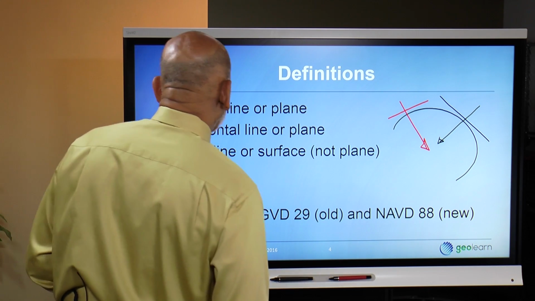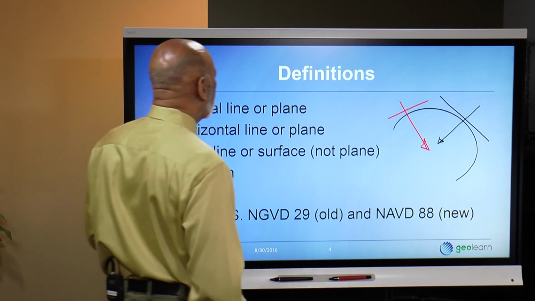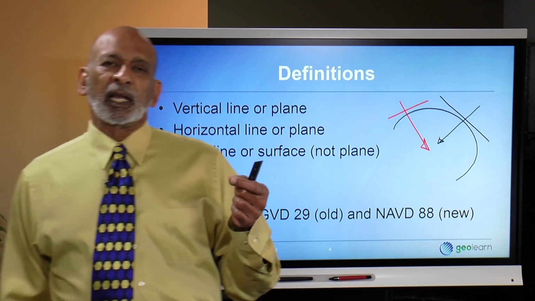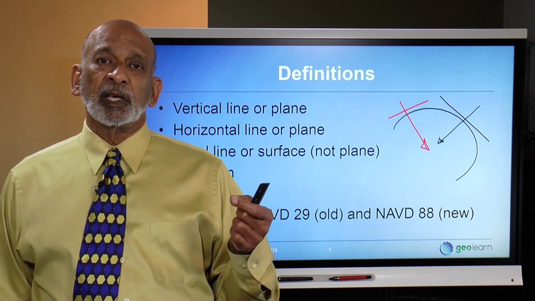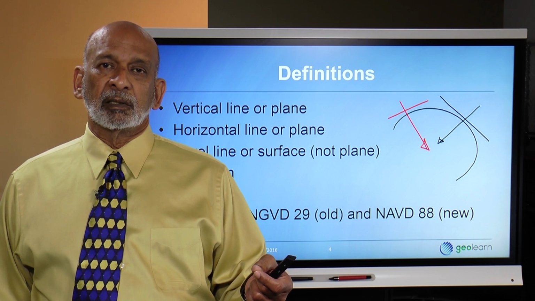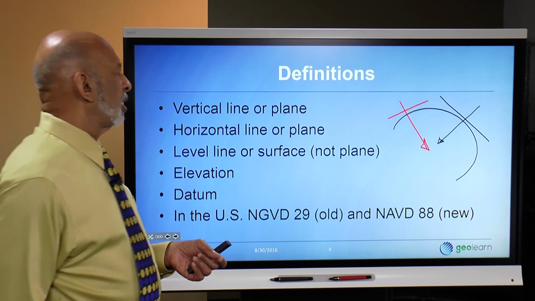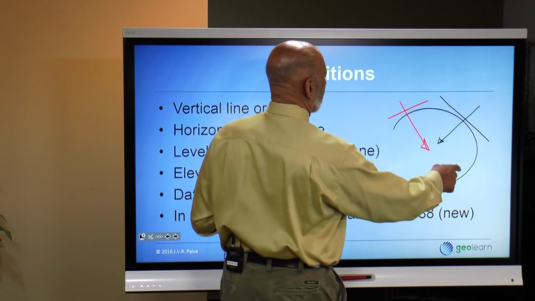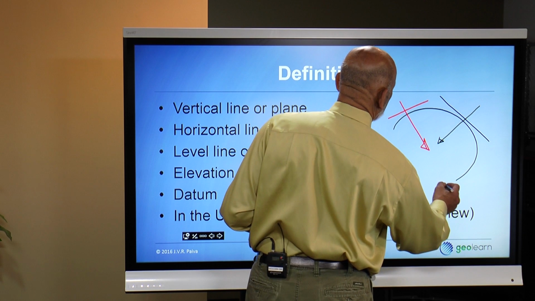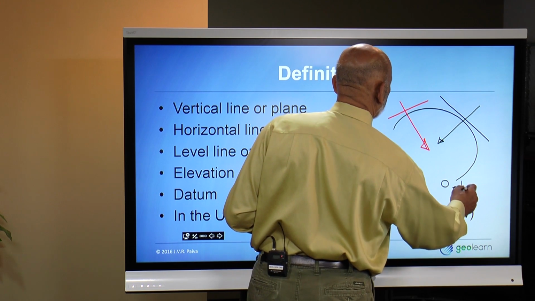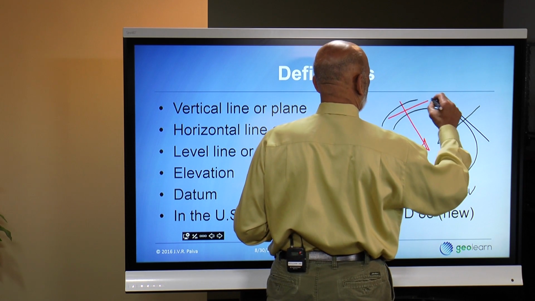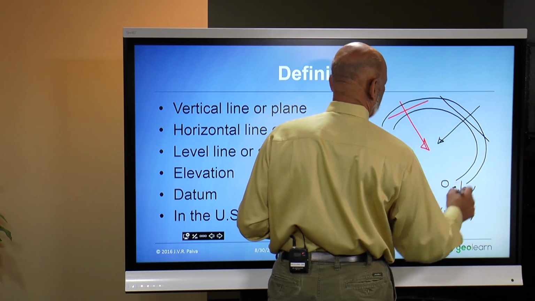Then we have a level line or surface. A level line or surface, the simplest definition, is a line or a surface of equal elevation. So it's a curved surface. So if this roughly circular shape I've drawn is 0 elevation, then the 100-foot elevation would be something that looks like that.